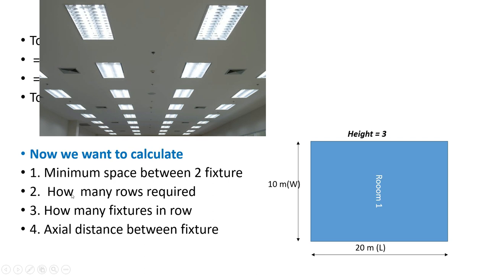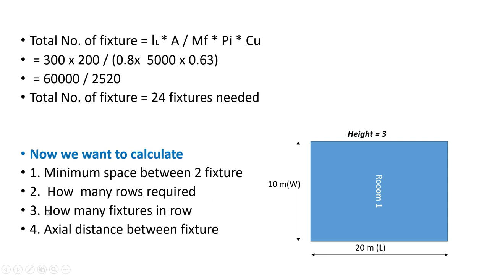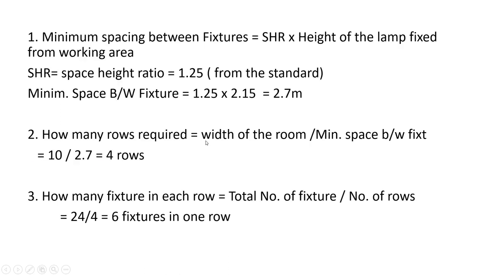All these 4 things we need to find now. These 4 things are very simple. First we will find the minimum space between each fixture. The formula is SHR into height of the lamp fixed from the working area. SHR is the space height ratio. It is given from the standard as 1.25.